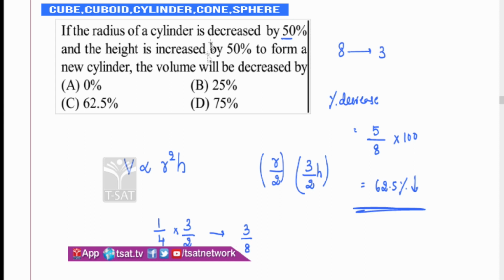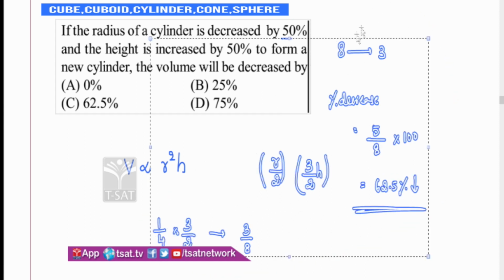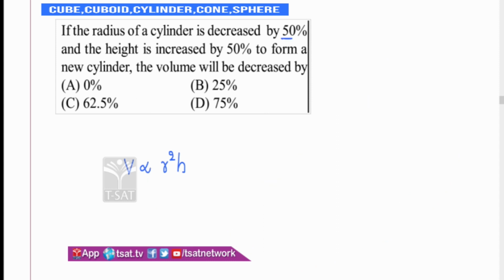If you want to look at it in terms of the percentage formula: radius 50% means you have to apply this 50% decrease twice, 50% decrease followed by 50% decrease. Then height is increasing by 50%, therefore it is a 50% increase. For increase followed by increase, you can use the formula x plus y plus xy by 100.